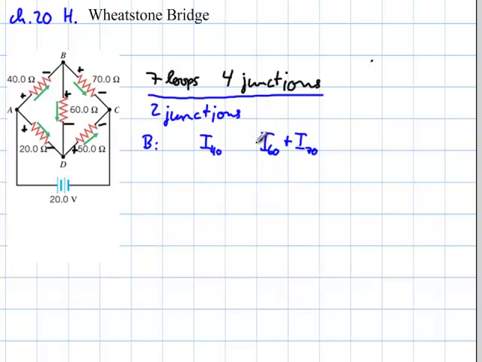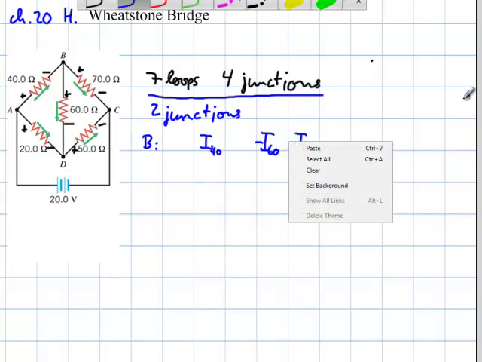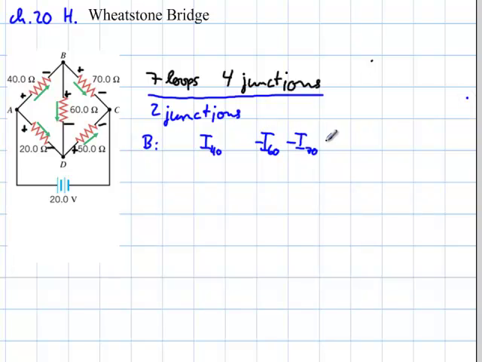I put a negative right here, so there's a minus. And I'll show you in just a moment why I did that. And then, of course, equals 0. The reason why I do that is that having it in this format, I already get my matrix out of this one. There was no I-20 and there's no I-50 going into junction B, but I leave a space here so I can come up with a matrix more easily later on.